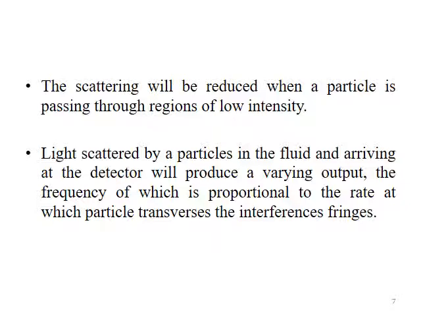The scattering will be reduced when the particle is passing through the region of low intensity. The light scattered by the particles in the fluid and arriving at the detector will produce a varying output, whose frequency is proportional to the rate at which the particle traverses the interference fringes.